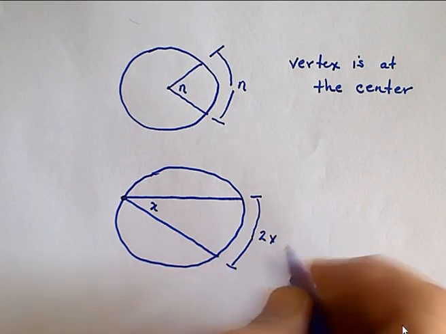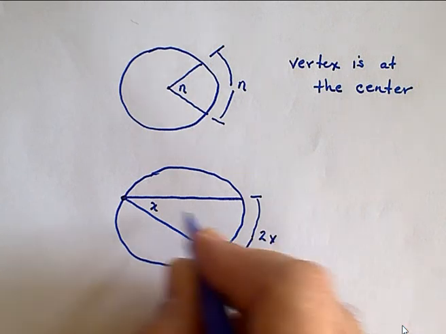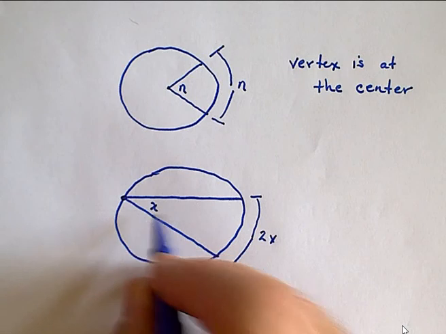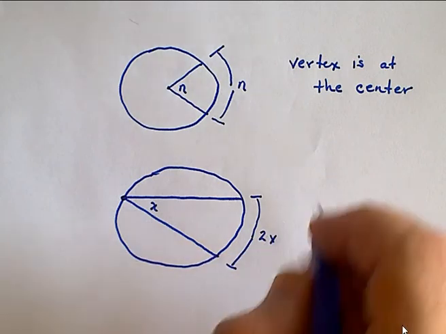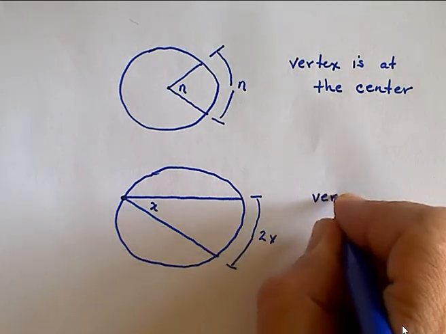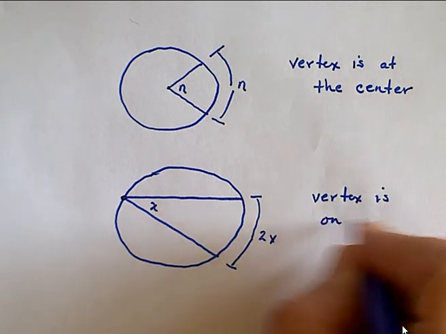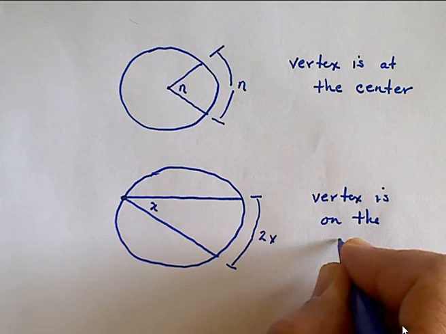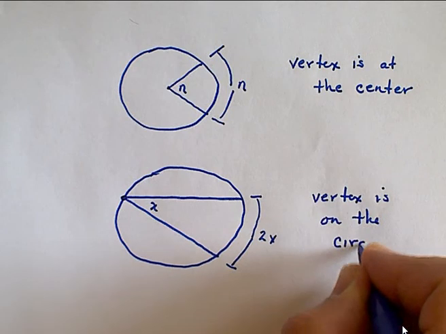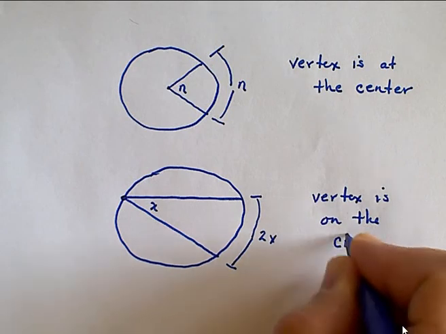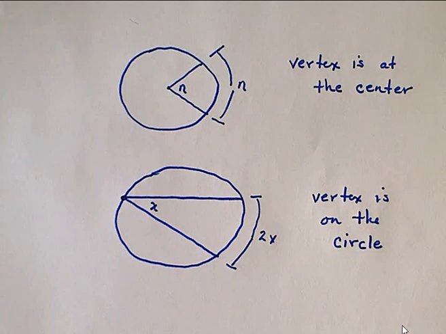So the arc is always twice the angle, and the angle is always half the arc. Now, what we want to do today is add the other possible categories based upon the location of the vertex, and we're going to do this by interacting some different figures.